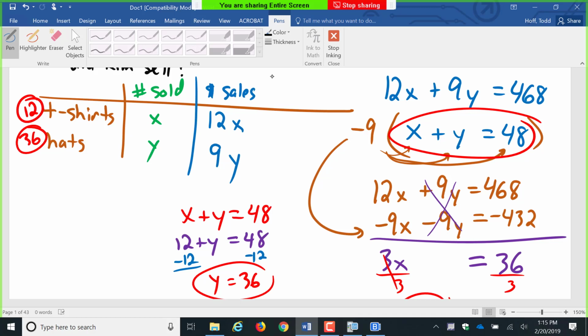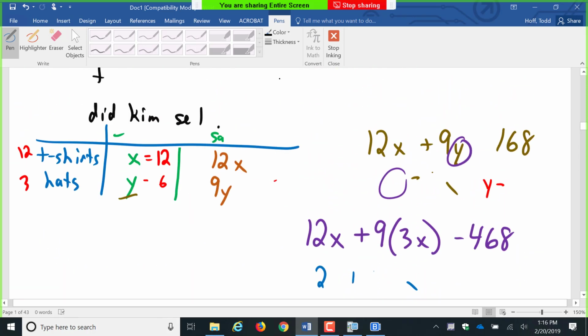Well, this is kind of like what we were doing a few weeks ago with those word problems. Exactly. The word problems we did a few weeks ago are exactly the same problems. It's just we hadn't talked about systems of equations yet. So we actually did substitution when we set up the problem. Like here, let's go back up to this one.